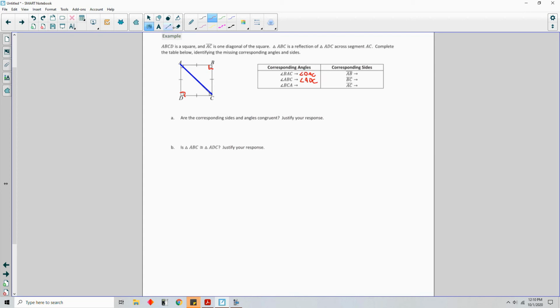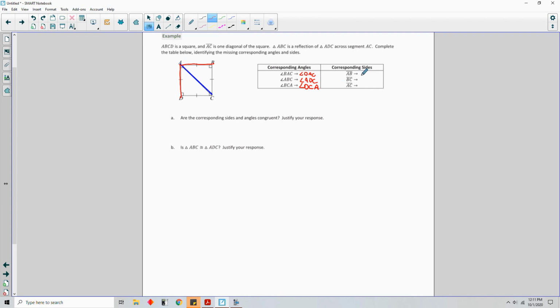And then finally, let's get rid of those. Angle BCA is right here. Reflected across, BCA goes this way, so we want DCA when we name it. So angle DCA. Okay, so now we're talking about corresponding sides. So if we have side AB, which is here, reflected across it is going to come over here. Picture folding the paper.